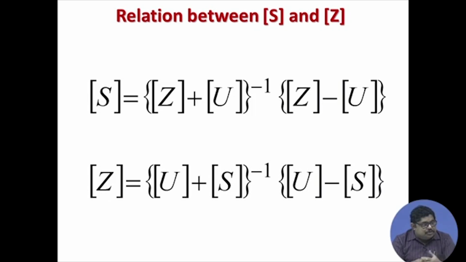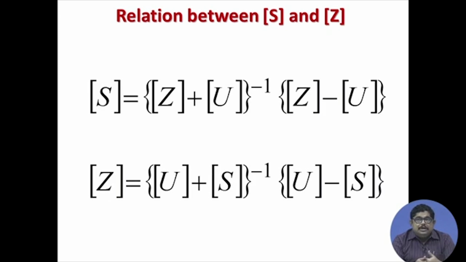So, their ratios are easier to find. You find the S matrix, then find the Z matrix. So, suppose a transmission line is given. Its S matrix is easier to find, but if you want to find the Z parameter of a transmission line, first find the S parameter, then come to the Z parameter by using this equation.